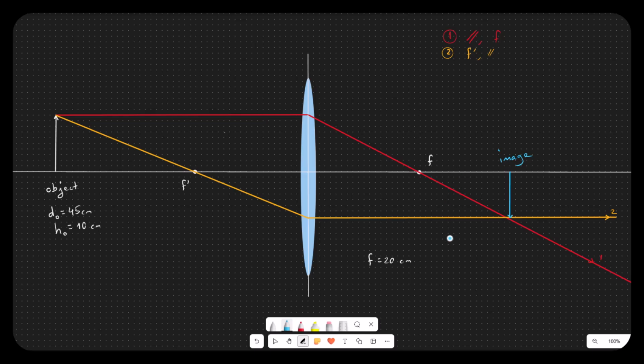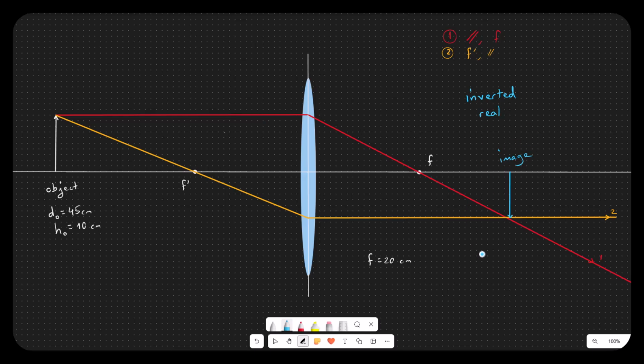My image is upside down, so let me get rid of this background in just a moment. My image is upside down, which I say is inverted. It is a real image, meaning it is made out of actual light rays. This will make more sense once we look at a virtual image, which is the opposite. But for right now, it's a real image, and it is smaller.